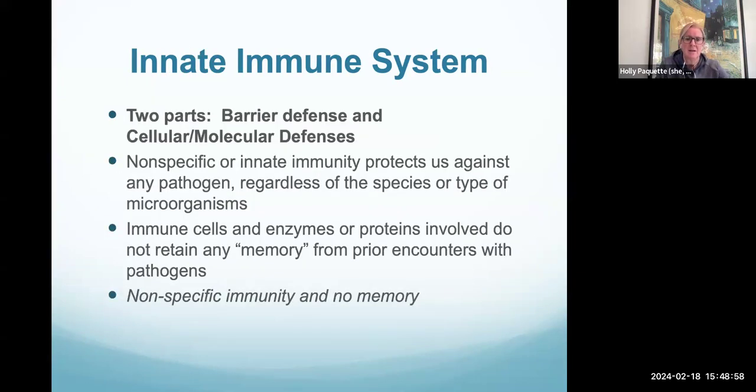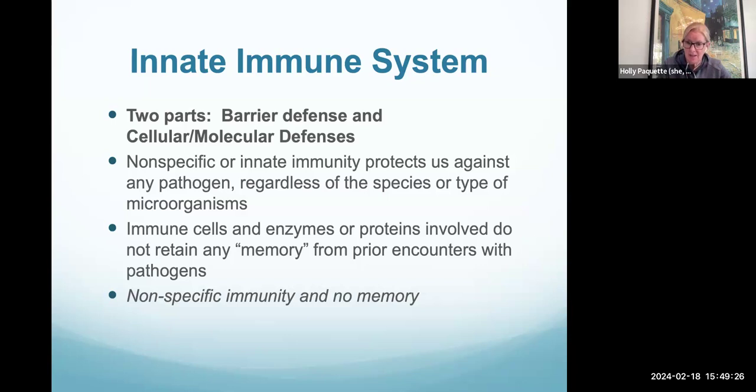As I said, the two parts under the innate immune system would be our barrier defenses and then our cellular and molecular defenses. One thing that I want you to keep in mind is that the innate immune system is considered non-specific, meaning that it doesn't matter if it's the measles or the common cold or hepatitis that you're exposed to, your immune system, the innate immune system, will react to it as though they're all the same.